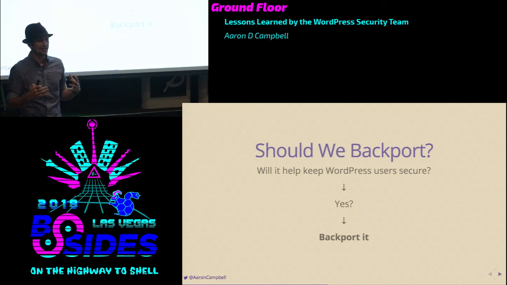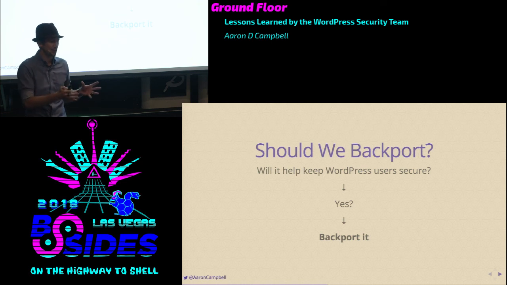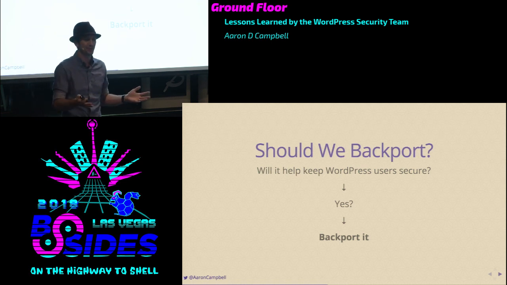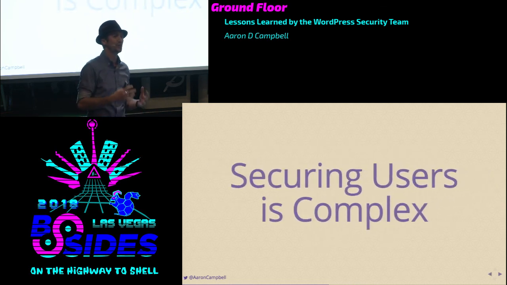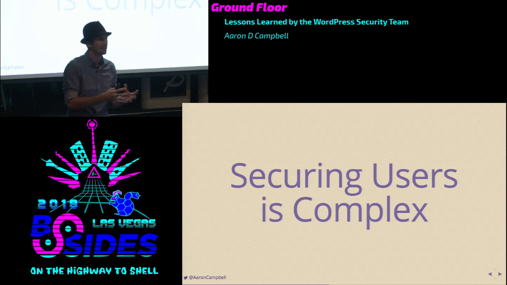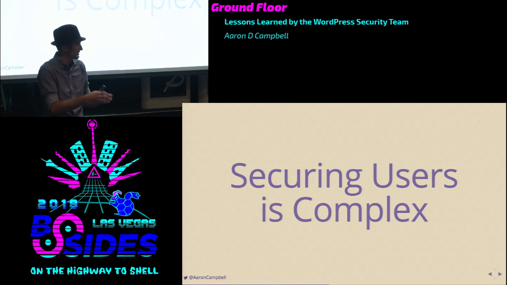We also realized, though, that even though this one decision was maybe easier to make, all in all, securing users was crazy complex. We had this code base that was under our control when our goal was just securing WordPress, but when we had to secure users, they all use plugins and themes.